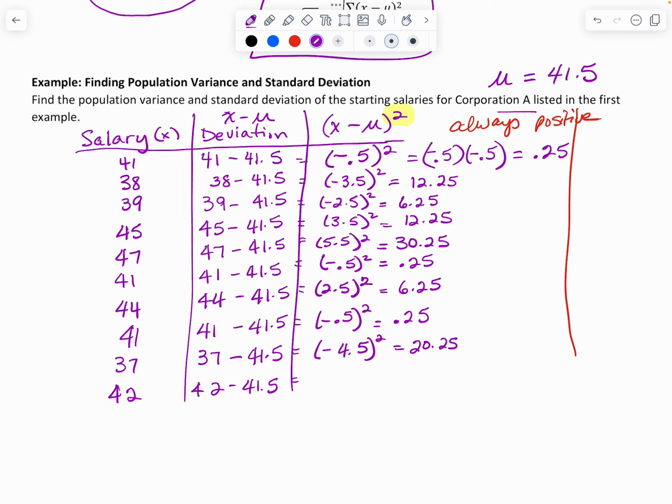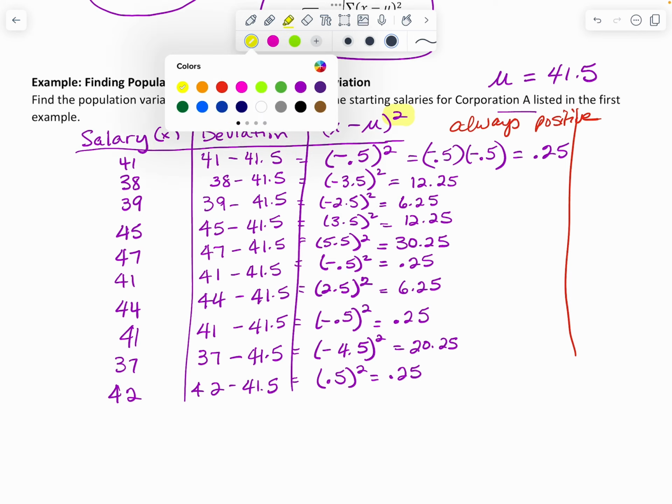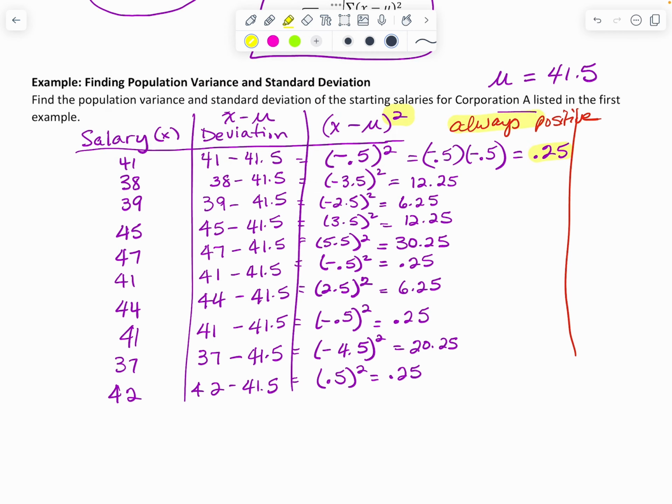When I square that, I end up with 20.25. And then the last one, 42 minus 41.5 is positive 0.5 squared, which is still a positive 0.25. So remember, every one of these values at this point has to be positive. If you do not get a positive value after squaring a number, you've used your calculator wrong, and more than likely it's because you didn't use parentheses.